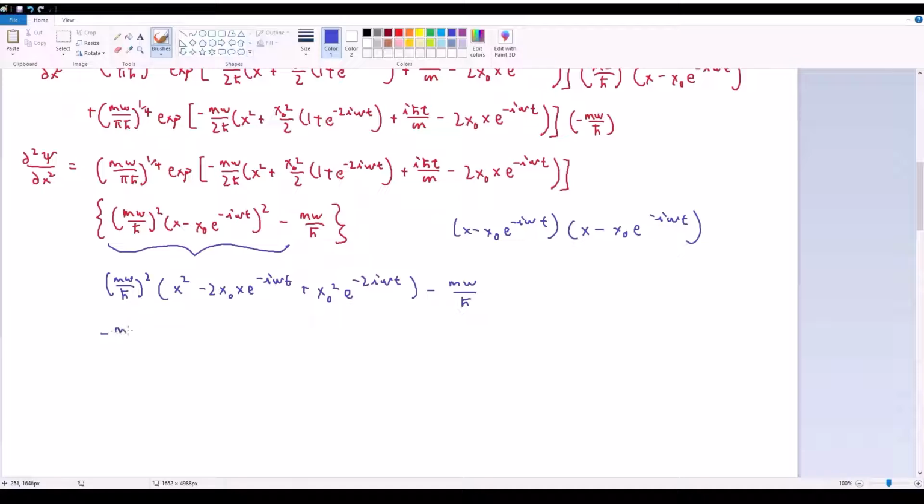So it's going to be −mω/ħ plus m²ω²/ħ² x², subtracted by 2m²ω² x₀ e^(−iωt)/ħ² multiplied by x, and then finally added with m²ω² x₀² e^(−2iωt), all divided by ħ².